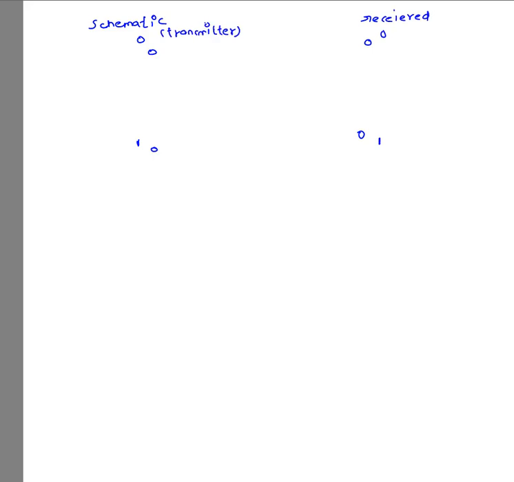Let us give names to the events. Let us consider these 4 dots as 4 events. Let us say this is event A0 and this is event A1. Event A0 is defined as sending or transmitting symbol 0. Event A1 represents the event of sending or transmitting symbol 1.